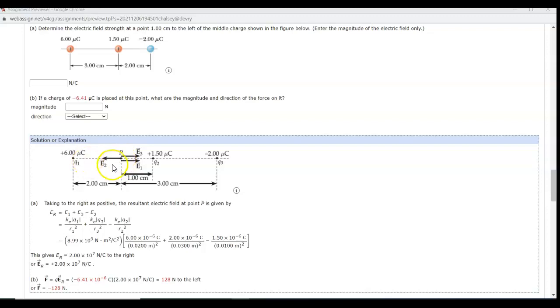So if we have E2, E1, and E3 at point P, right is adding, so we add E1 plus E3, and to the left is subtracting, so we subtract E2. And then we can find E1 with K times Q1 divided by R1 squared. This part should look familiar. We just have to do it 3 times and add these two together and subtract this one.